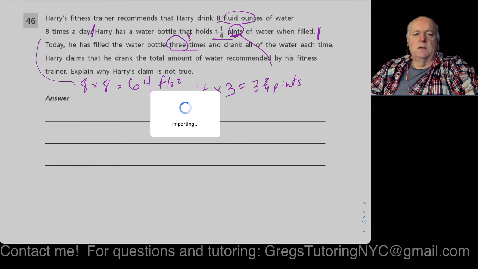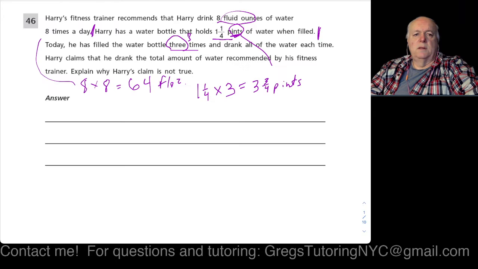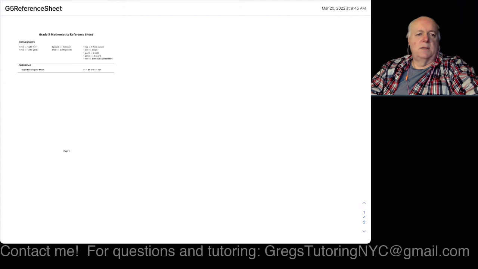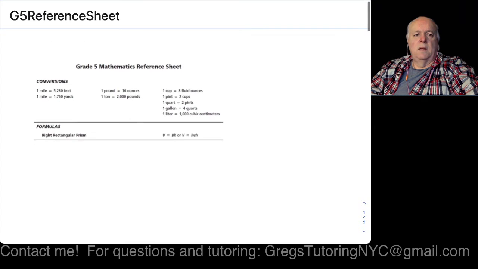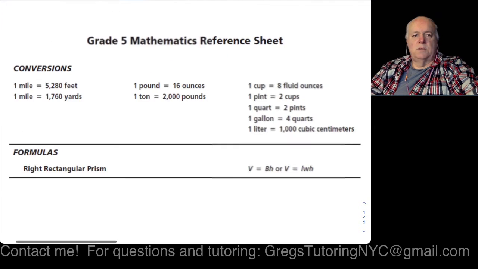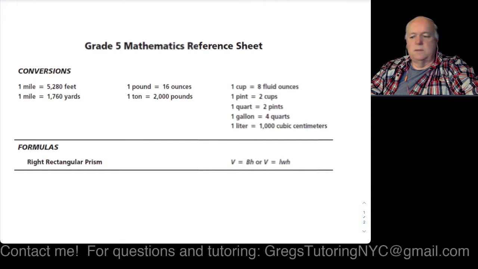So that's what I'm loading right now. And it's too tiny, so let's see, can we do that? All right, so what we're needing to do is, we were given fluid ounces. We were also given pints.